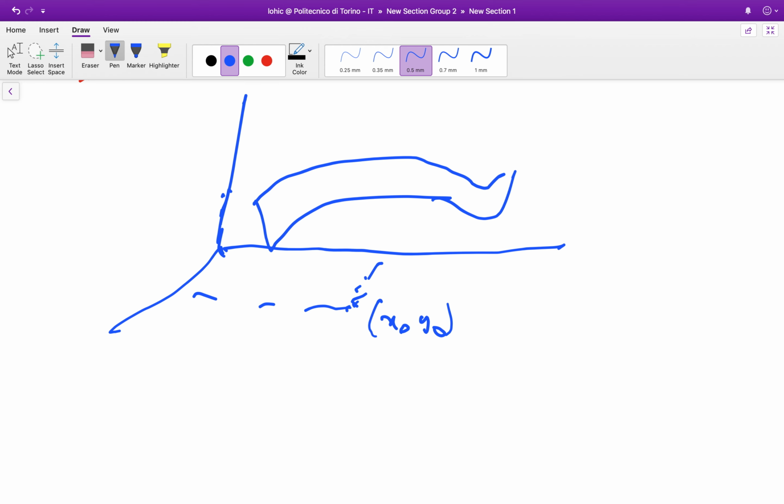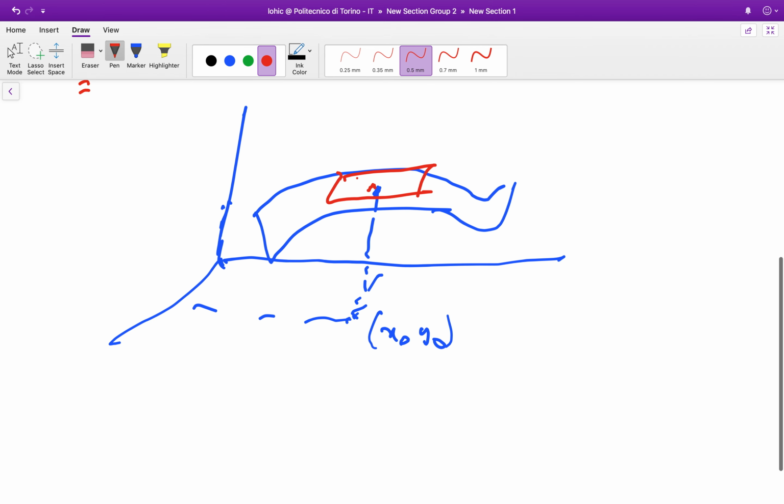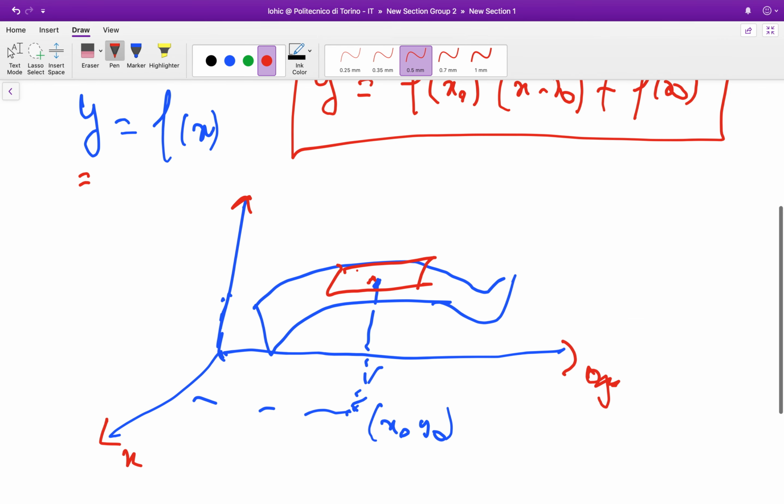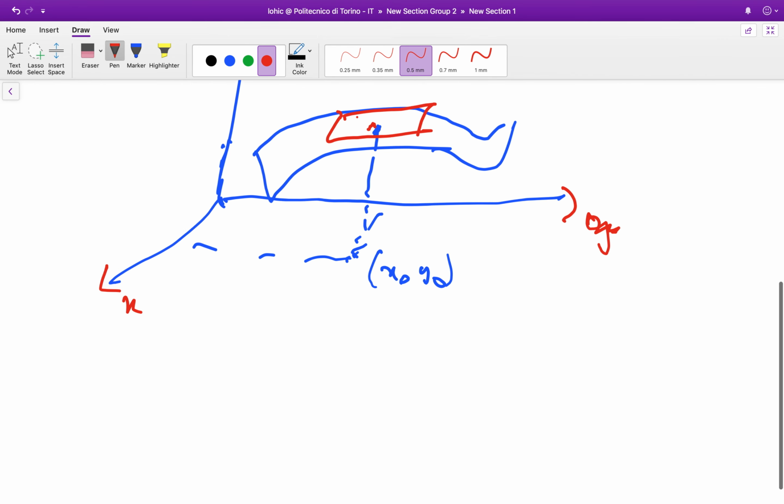At this point there will no more be a tangent line, but a tangent plane to the graph. Is that clear? Now this will be the x-axis, this is the y-axis, and this is the z-axis.